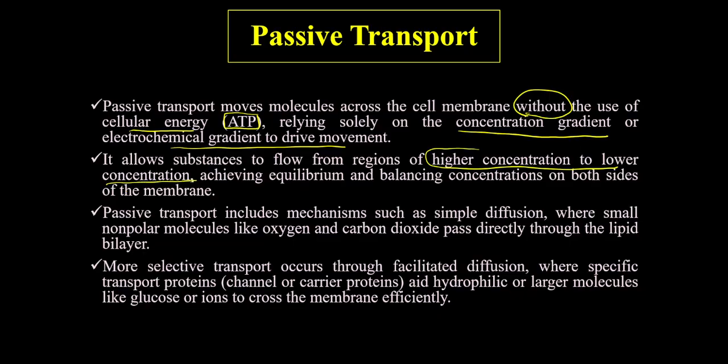That's why no energy is required, because we are flowing with the flow. The movement of molecules will continue until a balanced condition is attained on both sides. There is an equilibrium condition on both sides.